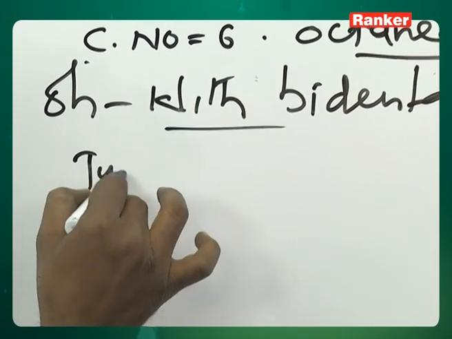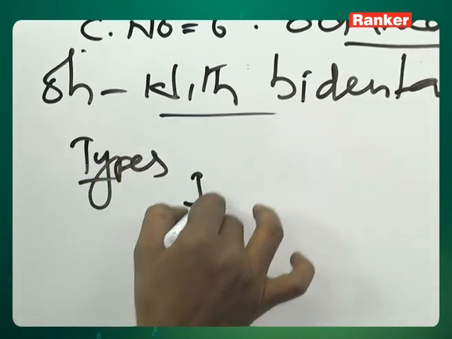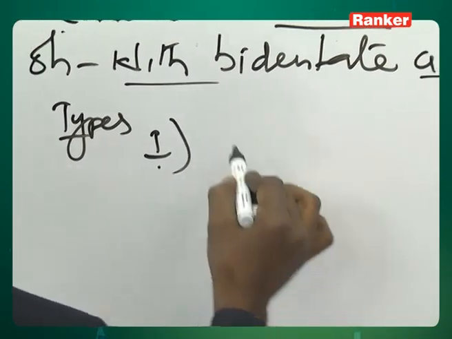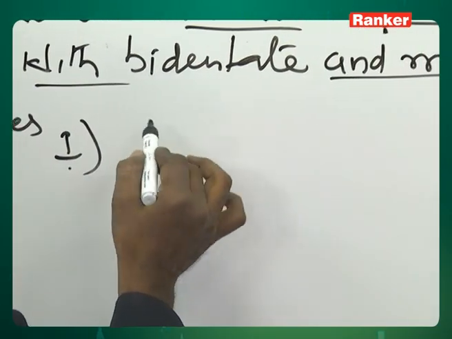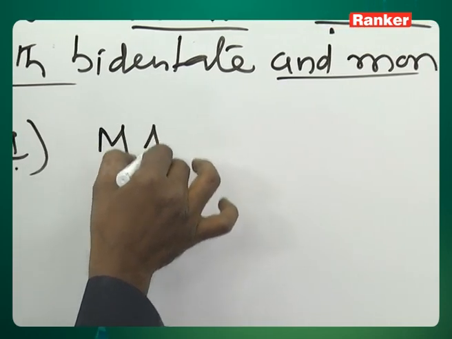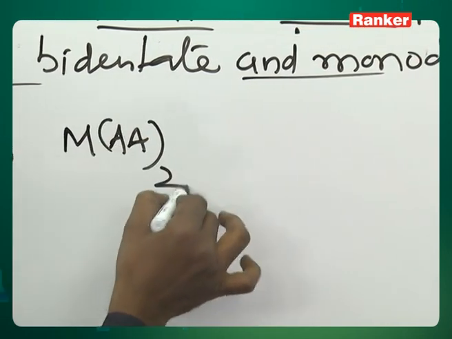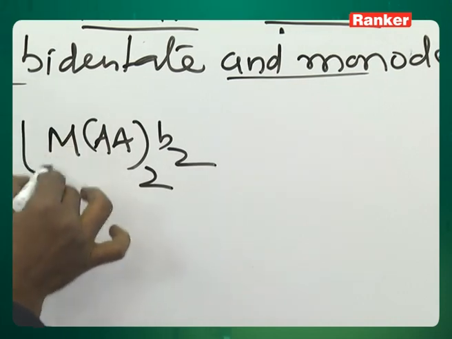Types under this: you take MAA taken twice, B2.